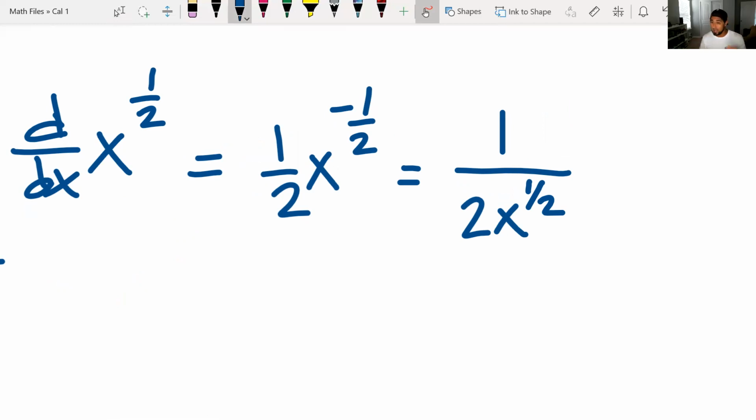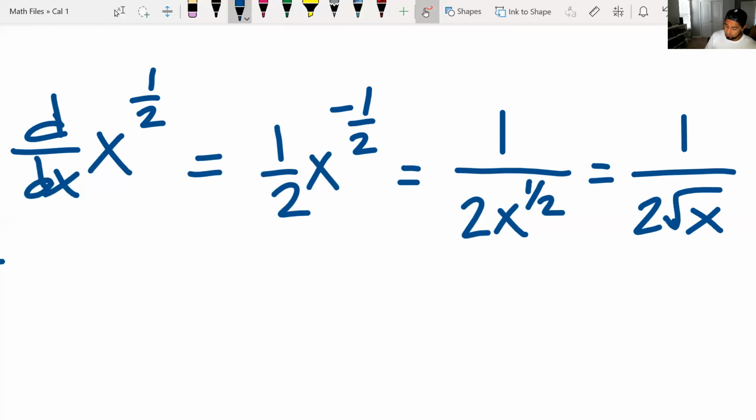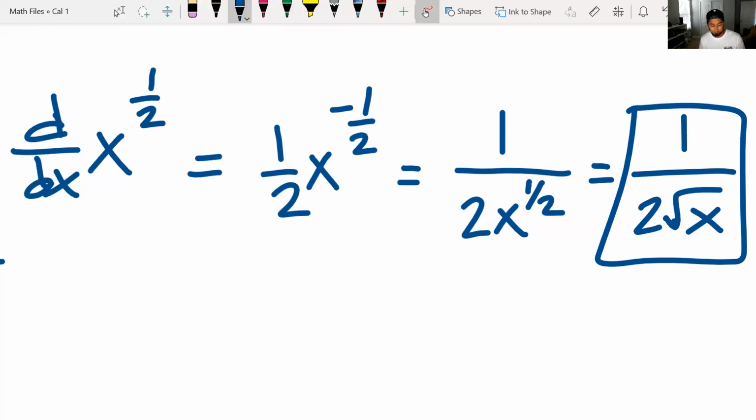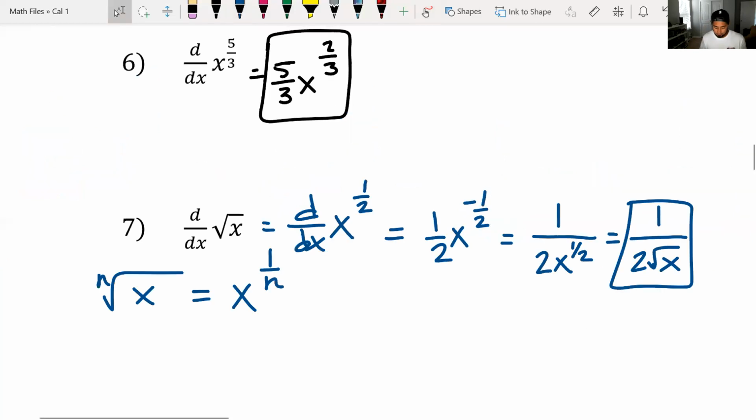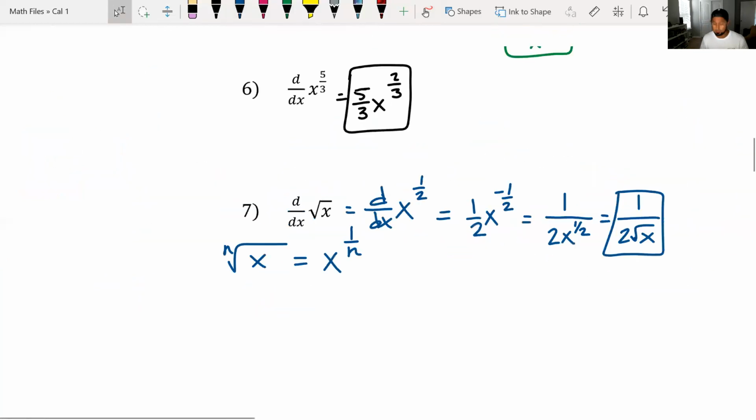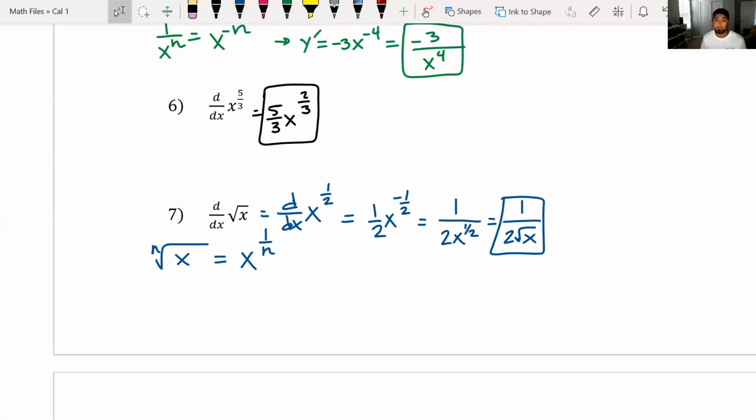So x to the 1/2 can now be rewritten as 1 over 2 square root x. There it is. Beautiful. Algebra, algebra, algebra. Little bit of calculus, okay?